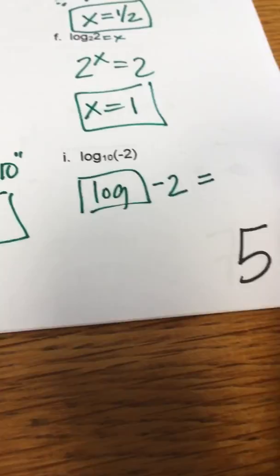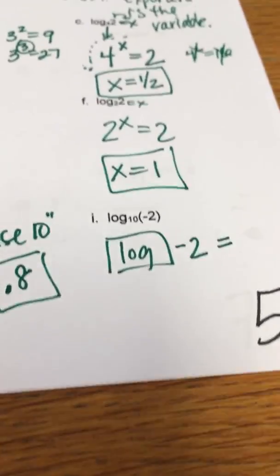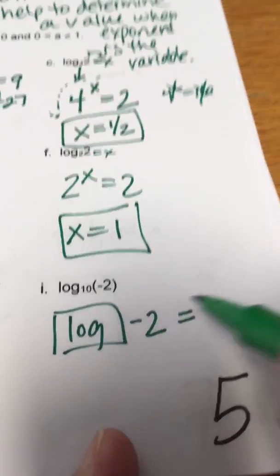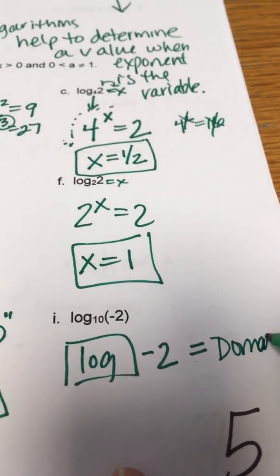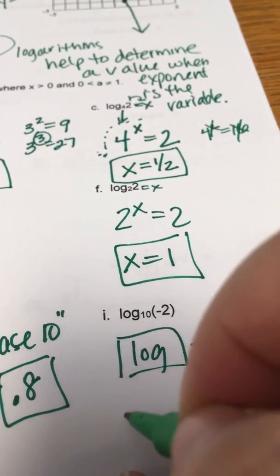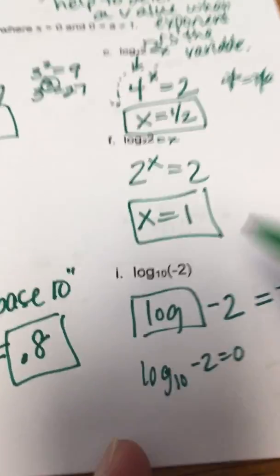So something like this. You can type in your calculator, do log negative 2, enter, and it says error, domain error. And this is because if I go back to my original problem, log base 10 of negative 2 equals x.